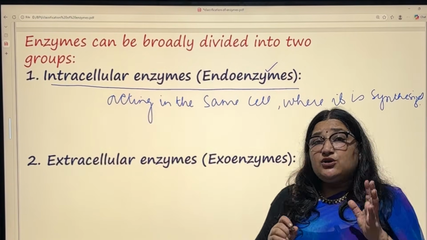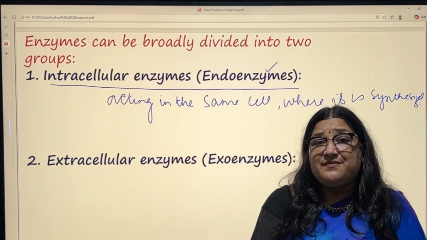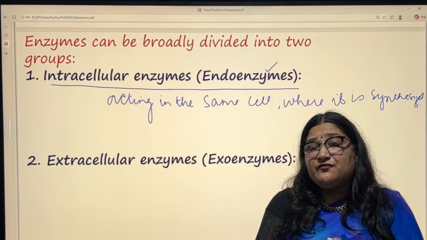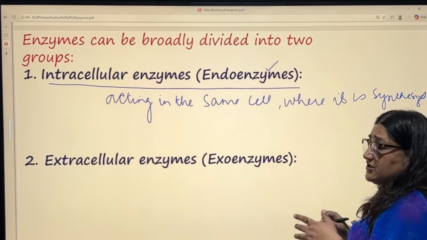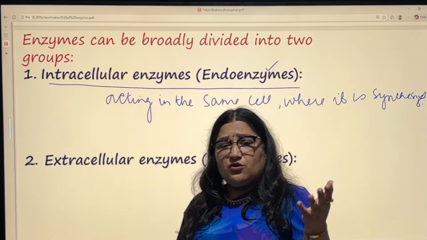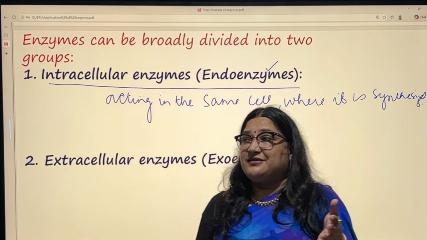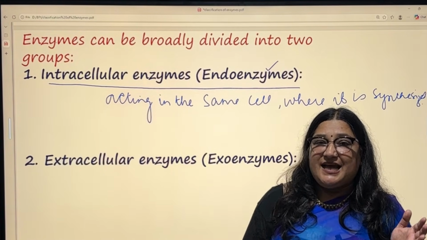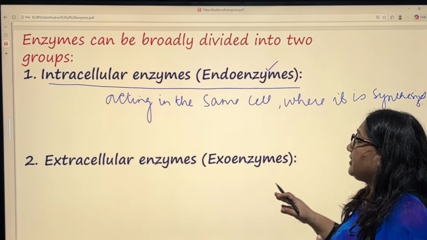And from where do enzymes come? Enzymes are synthesized by the cell, and the information for the synthesis of an enzyme is regulated at the gene level. That is the principle of the central dogma, though recently it has changed. We'll discuss this in some other class, but the information for the synthesis of enzymes is located on the genes.